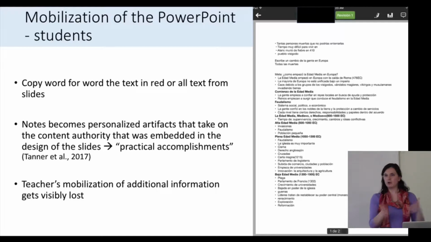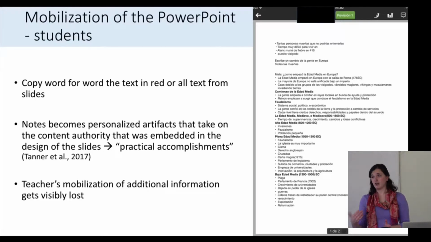So the authority moves from the PowerPoint to the student's notes, but it's important to note that the teacher never gets inserted into that movement, that nothing that she said showed up on any of the student data that I had. And so regardless of what the intent of her mobilization, the student's mobilization was cued very strongly by those cues on the PowerPoint that they needed to copy the bullet points or the text on the PowerPoint.